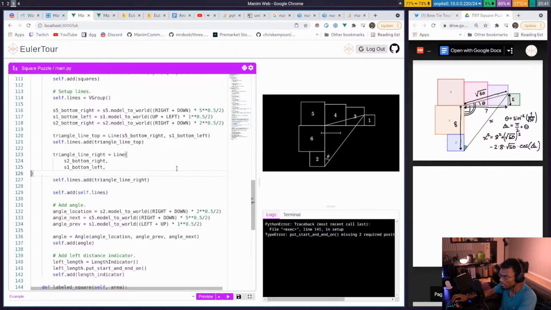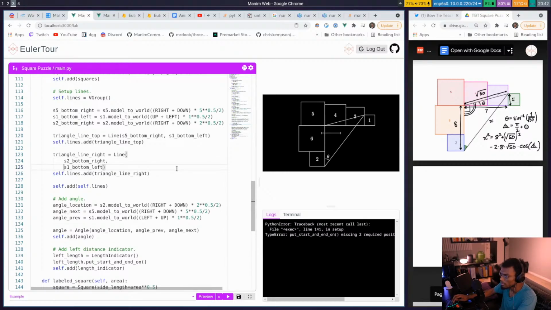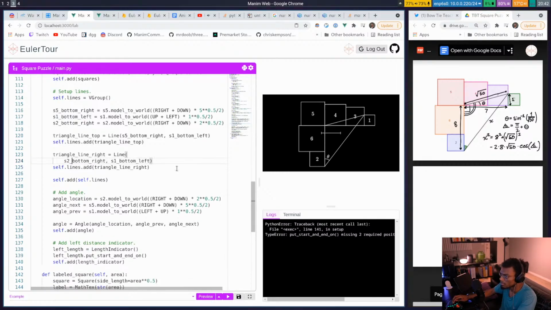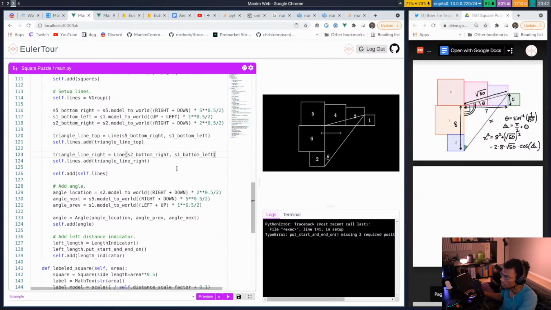And S1 bottom left. Okay, so that's exactly the same.